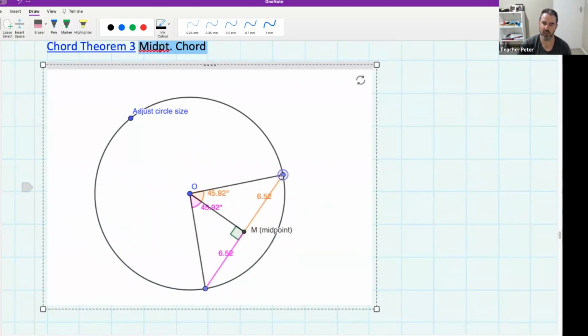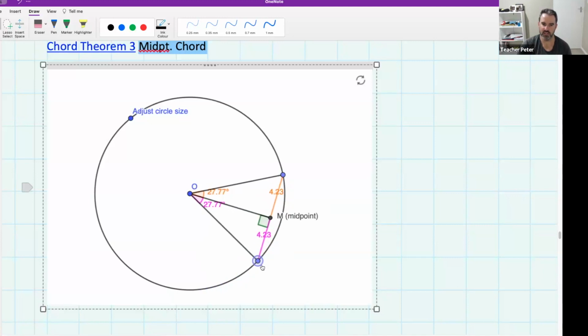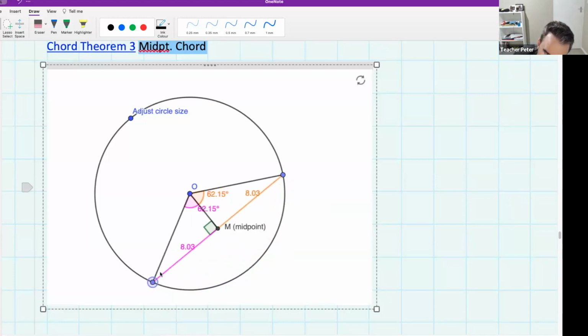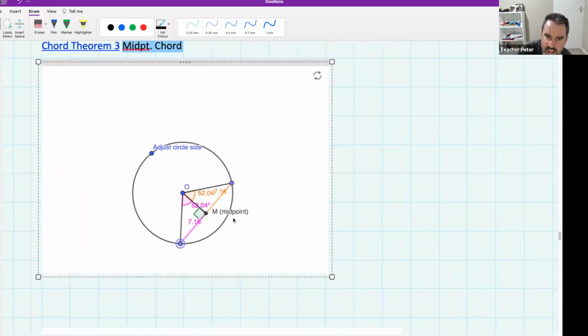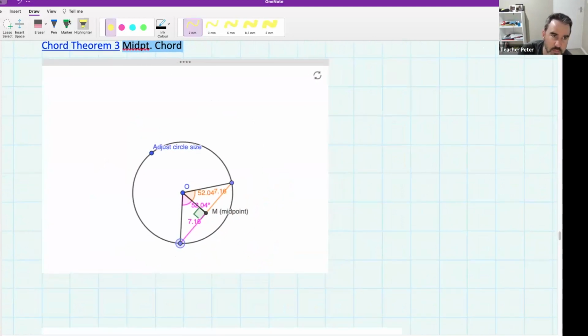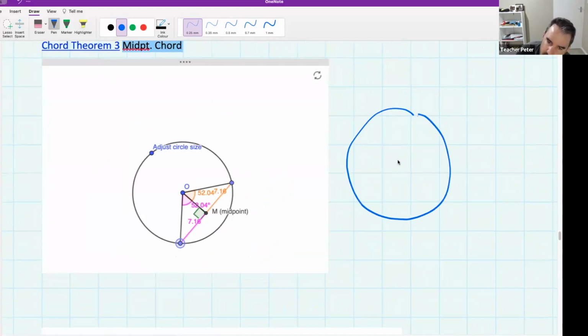If I can move it around. So notice the numbers, the orange and the pink are always the same. The angle, the 62.5, doesn't change. The length changes, but they're always halfway. I think the thing that stands out for me, and this is what the theorem is about, is that if you have a chord and you have a center of the circle, and you draw a line from the center of the circle to the midpoint of a chord, that angle will always be 90 degrees.